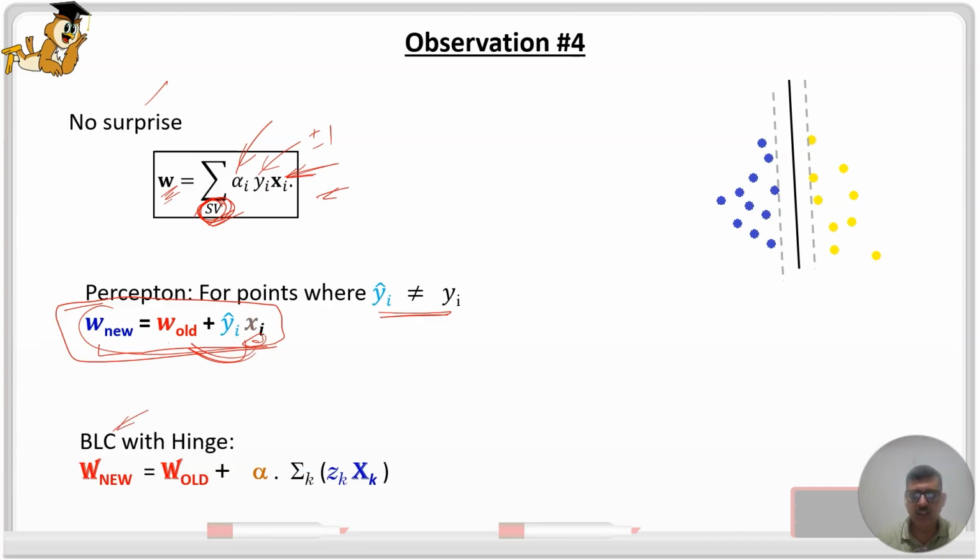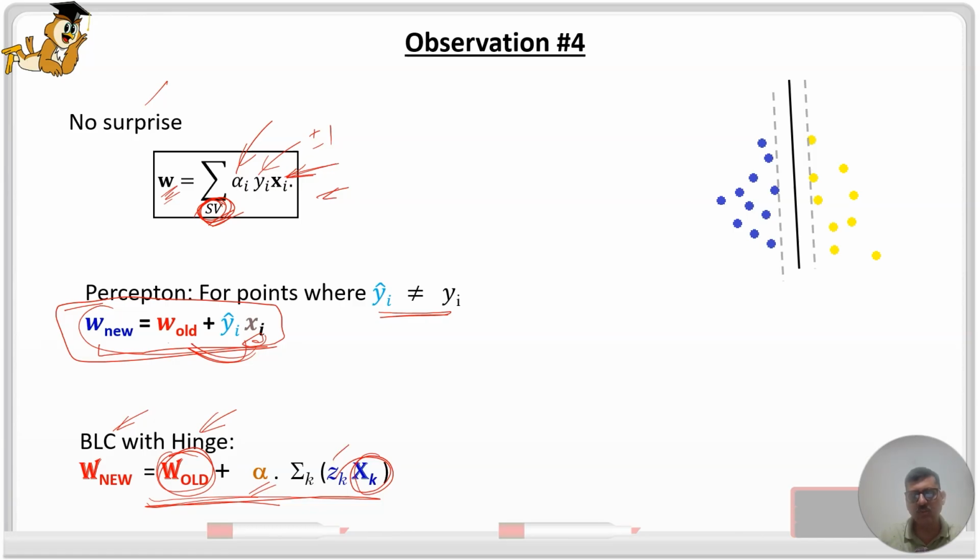When we did the binary linear classifier with the hinge function very long time ago, we got with the steepest descent gradient an equation that looked like this, where again W, the weight vector, was constantly updated by adding multiples of the input xk, where the observed value of the class did not match the computed value of the class.